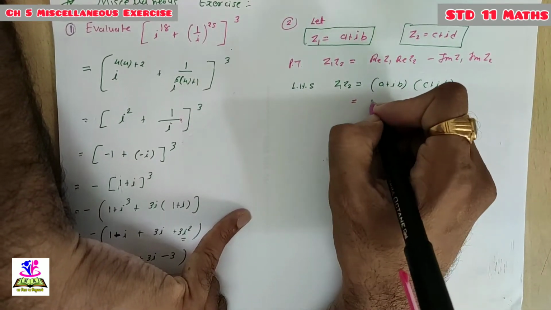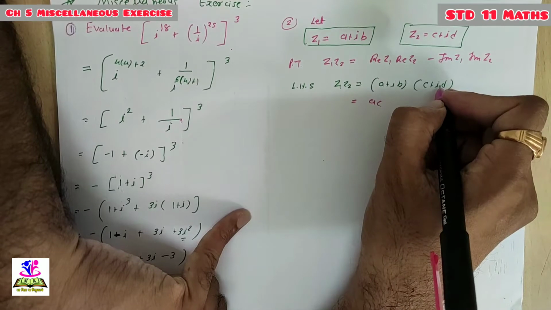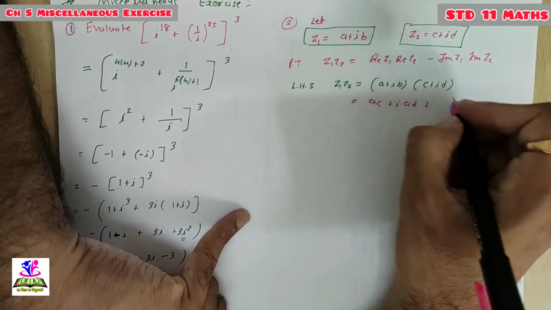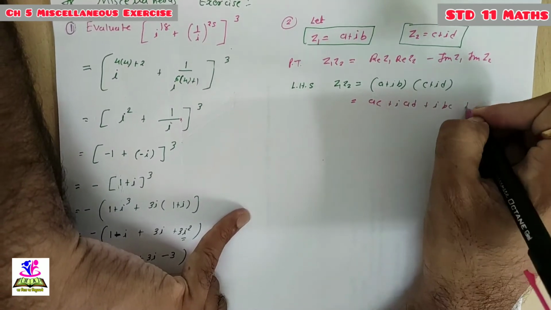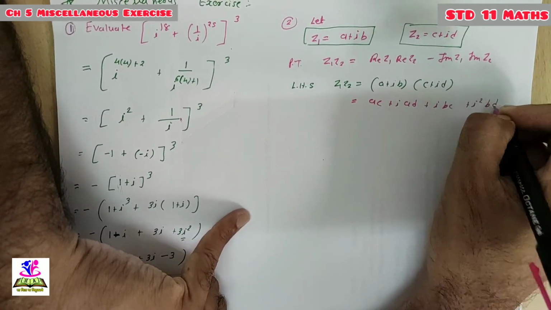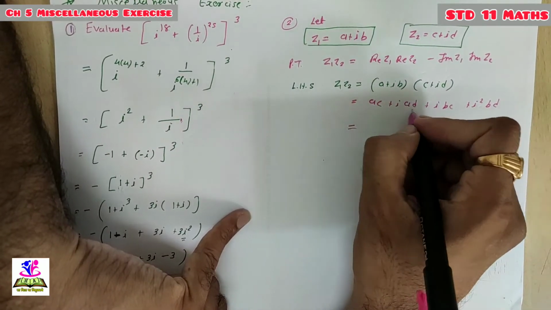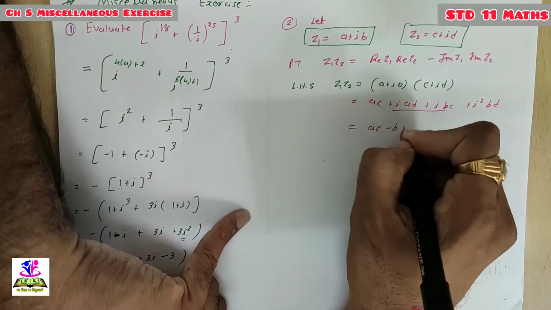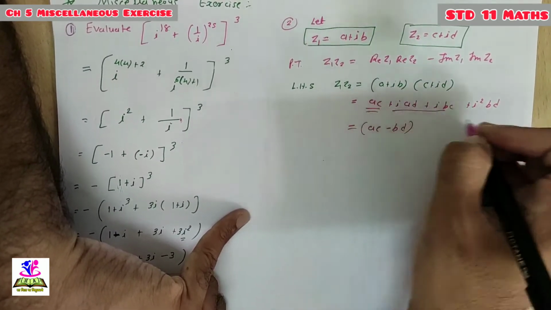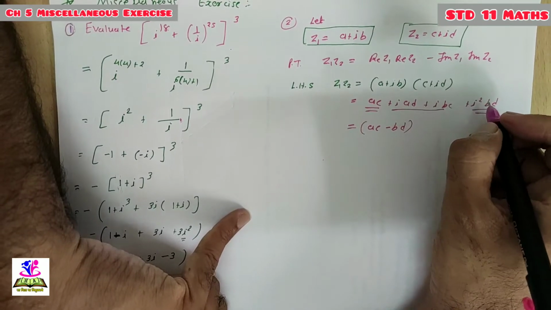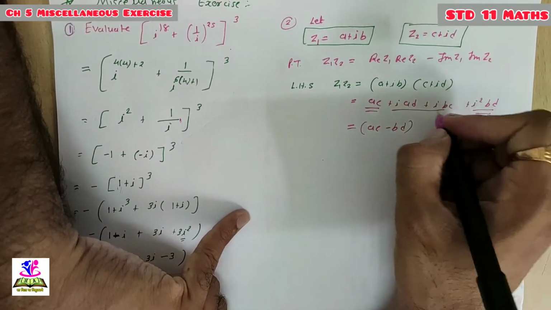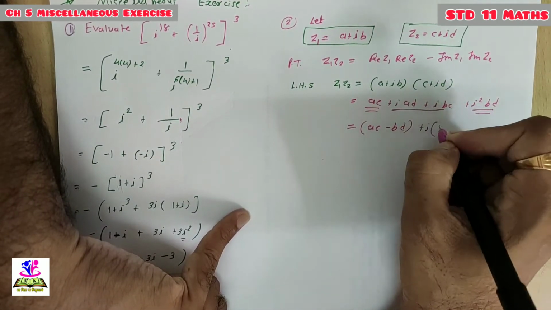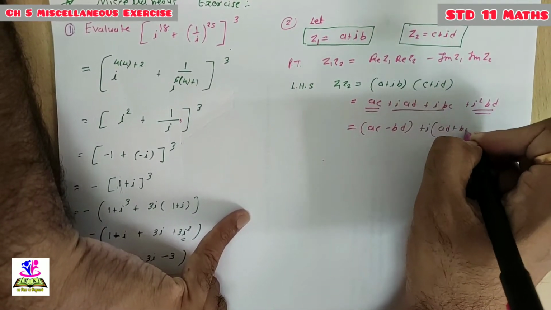So it's ac plus i ad plus i bc plus i square bd, and this is equal to, taking i common and i square equal to minus 1, we are getting ac minus bd. Writing these two terms combinedly, i square equal to minus 1. So this one is ac minus bd plus, now taking this i common, i into (ad plus bc).